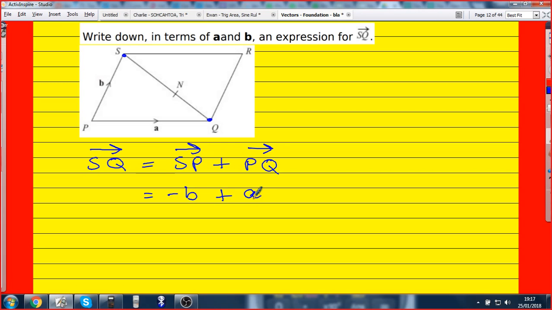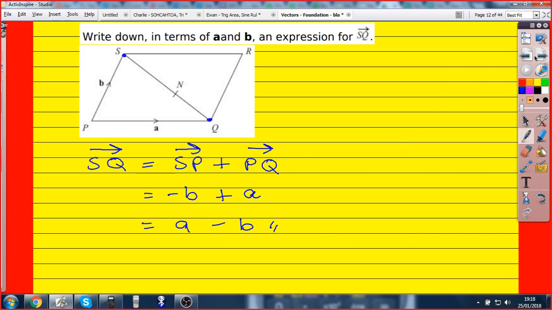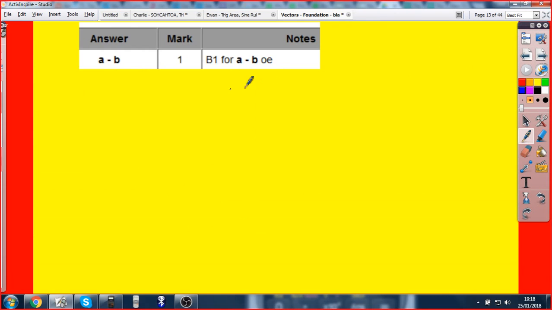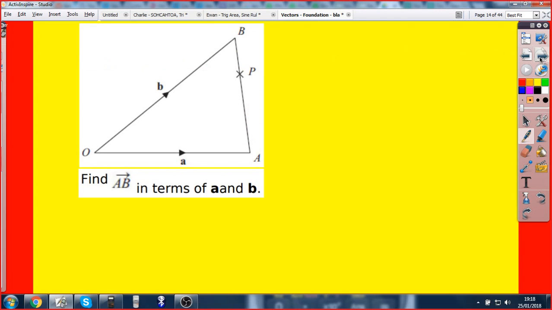So minus B plus A. And how else could you write that in a bit of a simpler way? Minus B plus A. You just swap them around. A minus B. Oh. They mean the same thing. Minus B plus A is the same as A minus B. Any questions there? No. Okay, so that's A minus B.